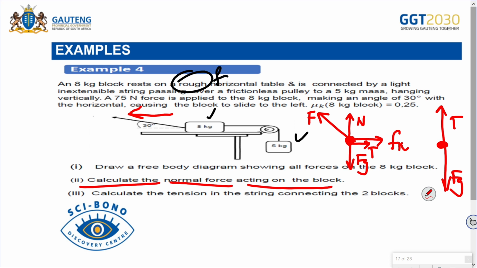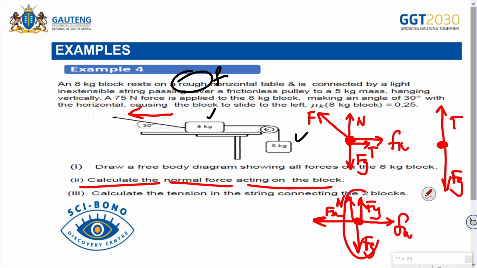So what is it that you need to do now? You resolve this force into its components. After resolving, you will have your Fy acting upwards, your normal force, and also your Fx, your Fg, and the frictional force. So vertical forces, there are 3.